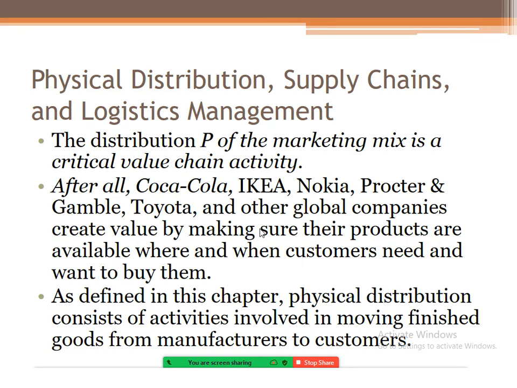After all, Coca-Cola, IKEA, Nokia, Procter and Gamble, Toyota, and other global companies create value by making sure their products are available where and when customers need and want them. As defined in this chapter, physical distribution consists of activities involved in moving finished goods from the manufacturers to the customers. However, the value chain concept is much broader.